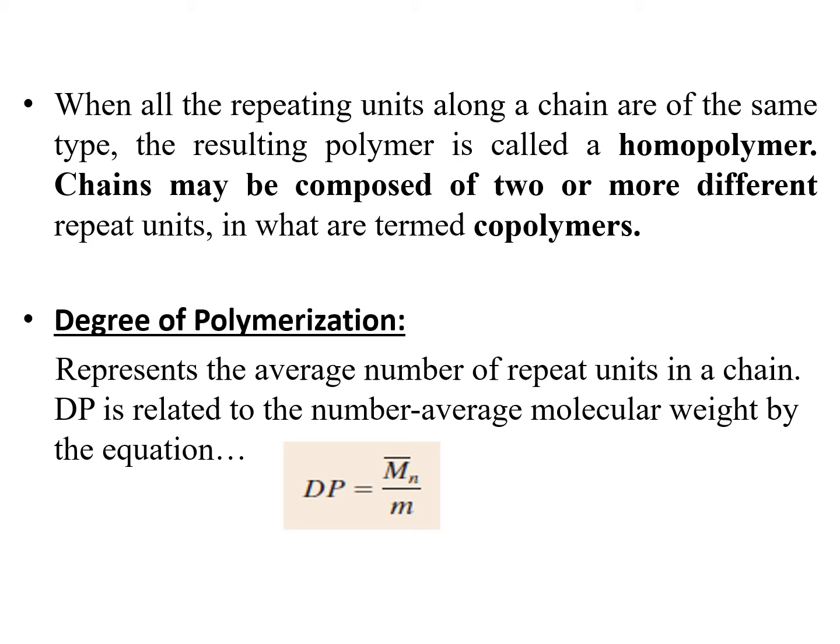For a homopolymer there is only one type of monomeric unit, and the number average degree of polymerization is given by this equation, where Mn is the number average molecular weight and M is the molecular weight of the monomer unit. So it is related to the number average molecular weight.